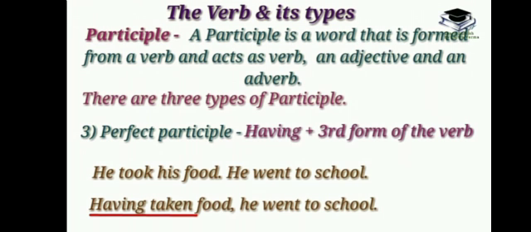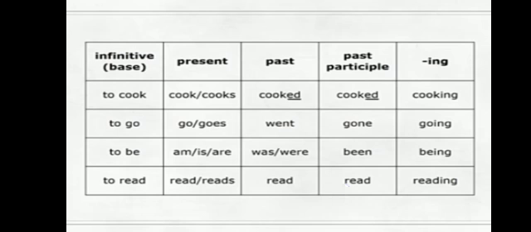Over here you can best understand the use of having. Students, I have already told you that there are infinitives, then present participles, and then past participles, and then ing forms also. So over here students, I am going to share a chart with you.